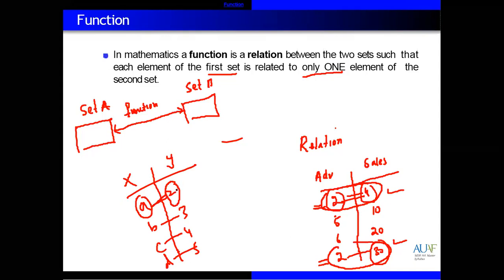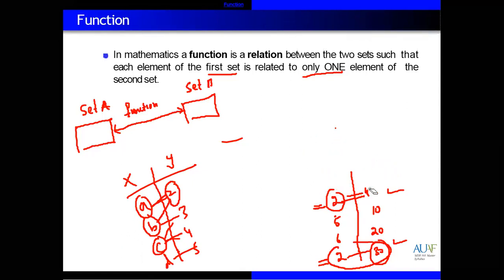One element of set Y can be in relation with two numbers of X, like A with 2 and B with 2. This is possible. But one number from set X cannot be in relation with two different numbers. It is like an equation where one value gives two different values.